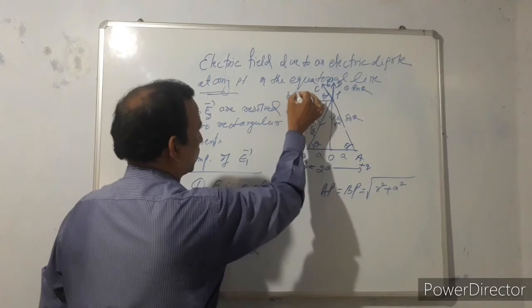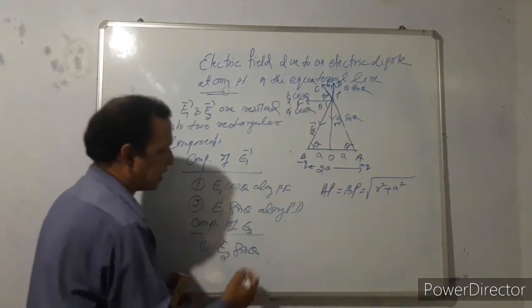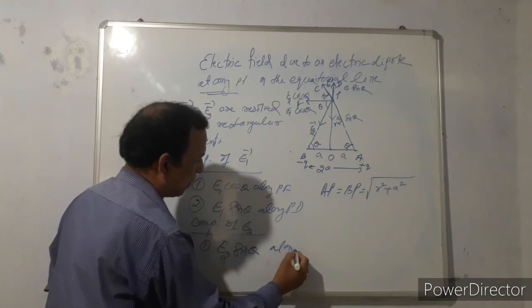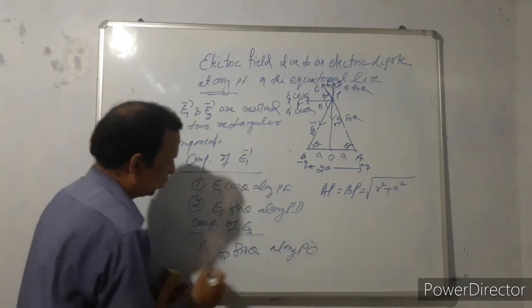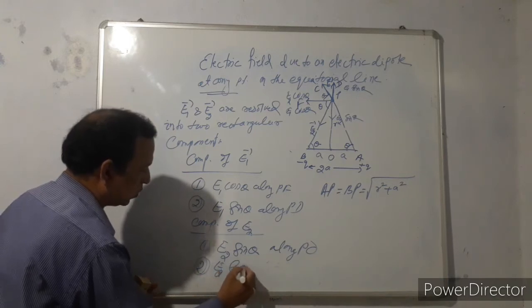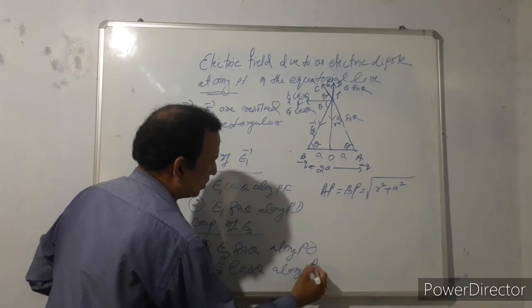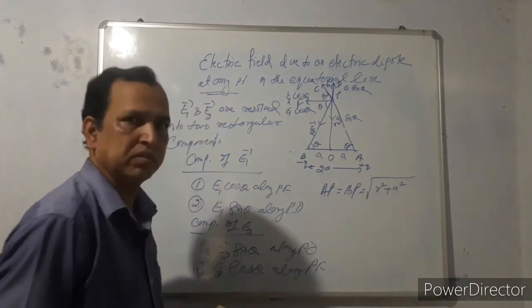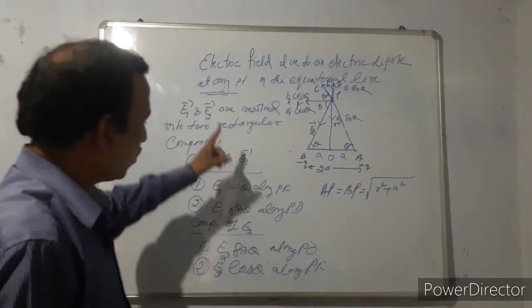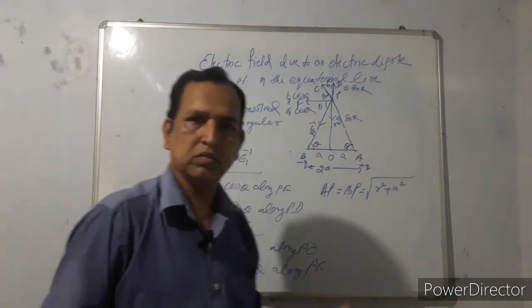Second, E2 cos theta along PF. There are 4 components, 2 for E1 and 2 for E2.